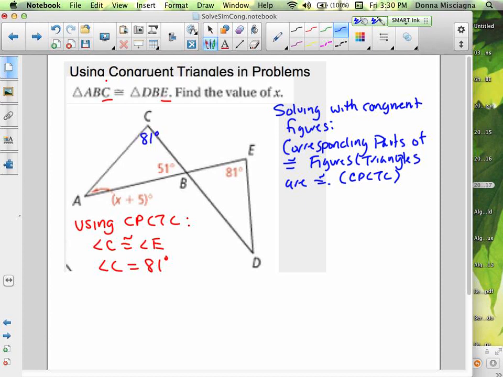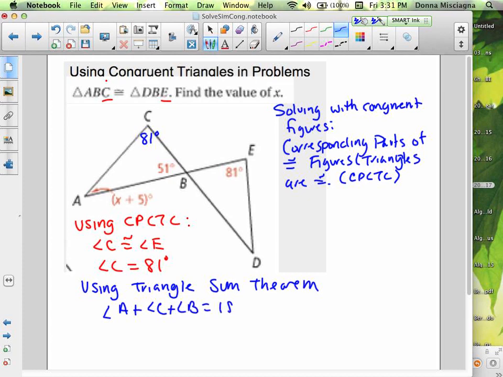But now using the triangle sum theorem, we can actually find our missing angle. So angle A plus angle C plus angle B have to add to 180 degrees. That's the number of degrees in a triangle.